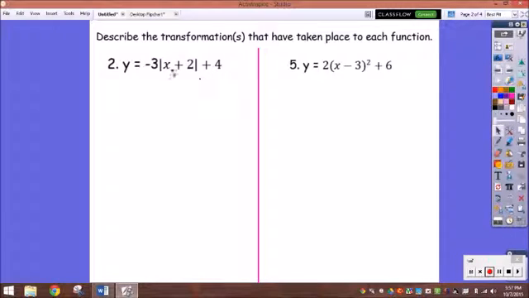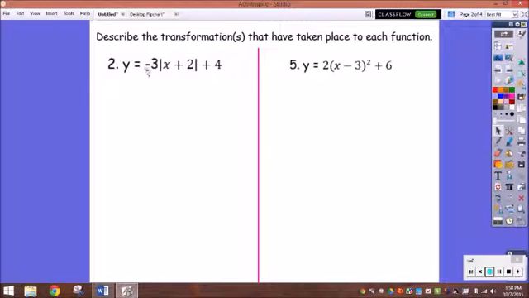In this case, our parent function is an absolute value, and the only term that's inside of the parent function is the plus 2. And so what that tells me is that I've got a horizontal translation, left or right, and then everything else is outside.